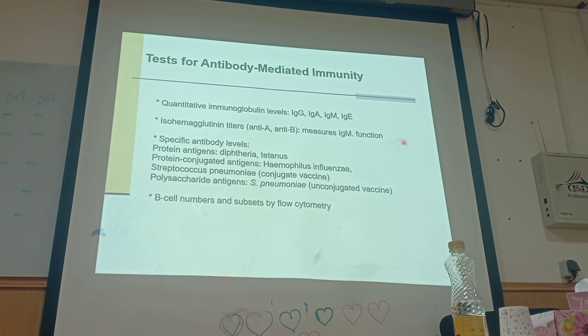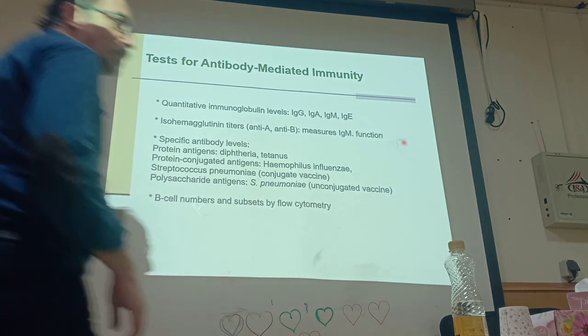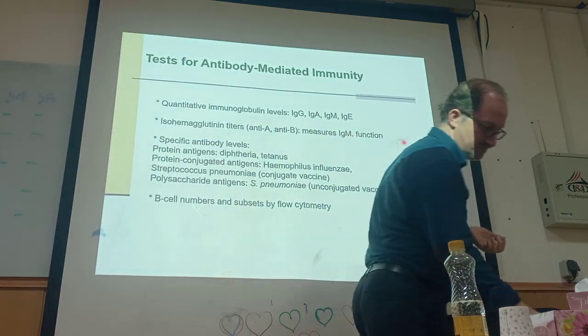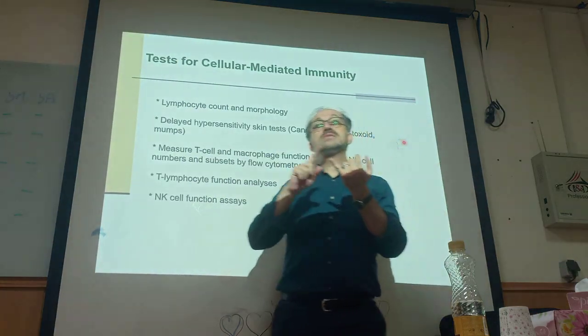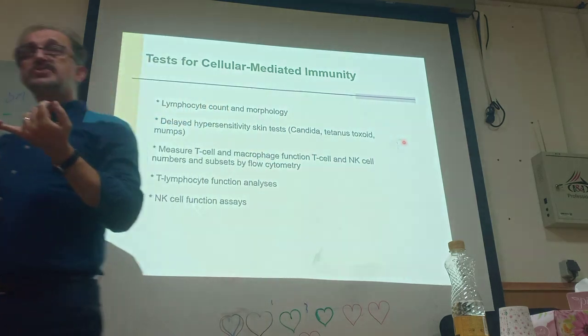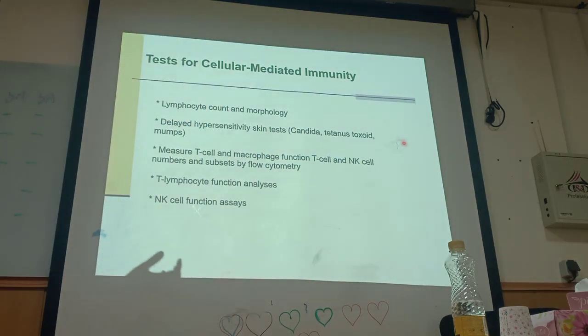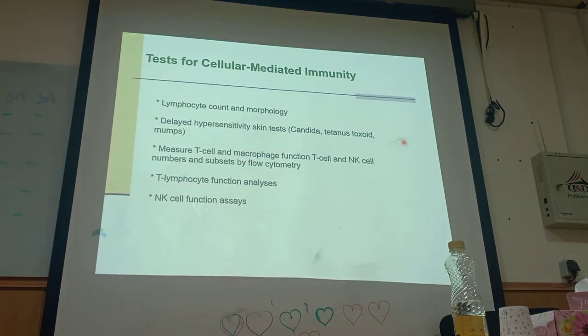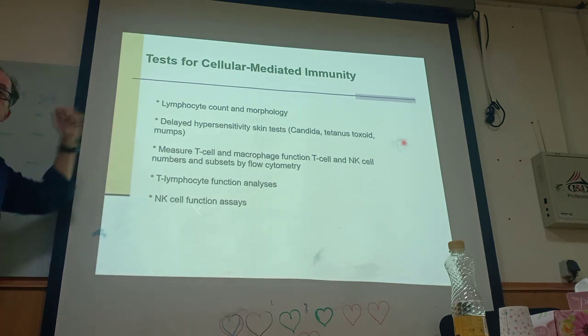Okay, CD19, CD20, CD21 are the markers of the B cell. What about the T cells? There are CD3 positives, either CD4 or CD8. They are the markers of the T cells, and we could check delayed type hypersensitivity.